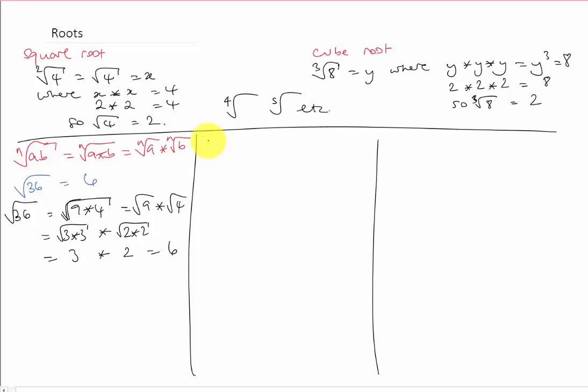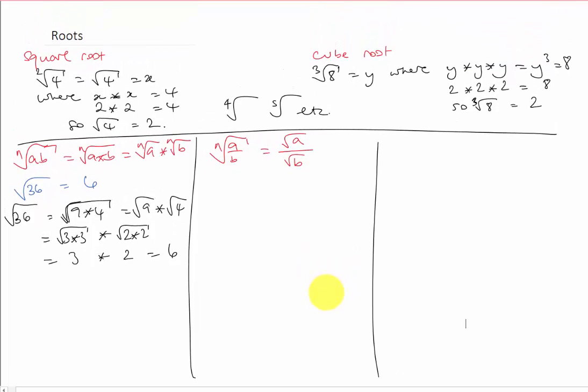Okay, so now we've got the next rule, which is that if you've got the square root of a fraction, that's the same as the square root of the numerator over the square root of the denominator. So you can separate the fraction to have 2 separate roots. So this is where we get our 9 over 16 example. So that's square root of 9 over 16. So that's equal to the square root of 3/4 times 3/4, because 9 is 3 times 3, 16 is 4 times 4.